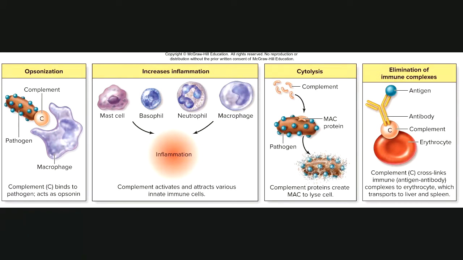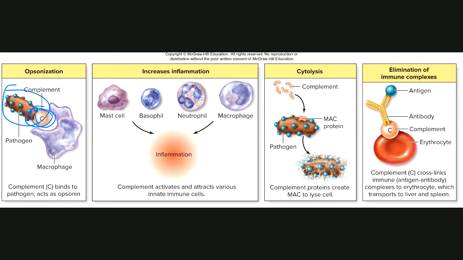The complement system is a complex of proteins, and these proteins can do several things. One thing these complement proteins can do is attach to the pathogen, like right here. You see that C, that's the complement protein. It can attach to a bacteria or a virus, and it can cause opsonization.